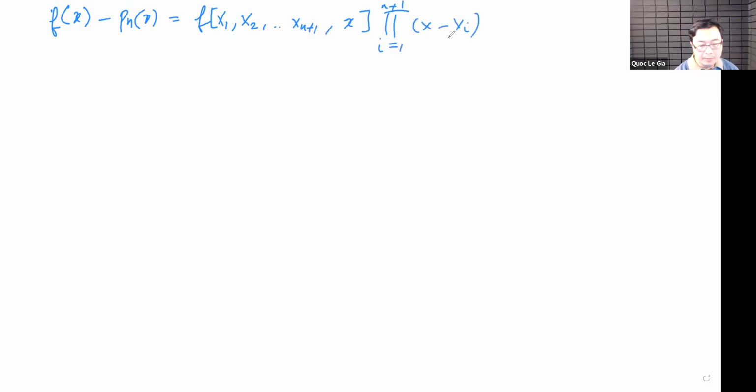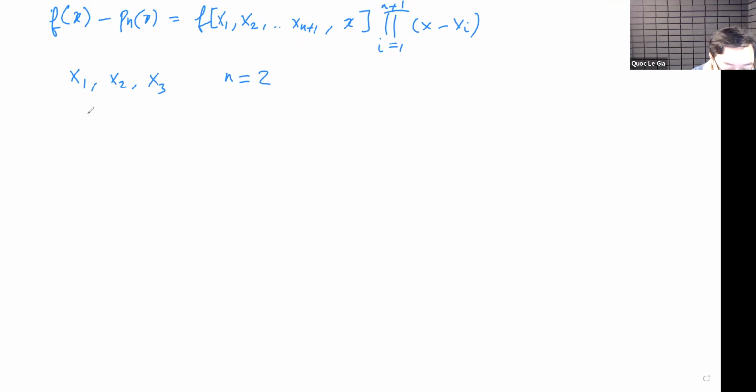Before we do this, let me take a very simple case. Just take 3 points, x1, x2, x3. It means that n equals 2, right? Just a simple case. In this case, what is Pn?